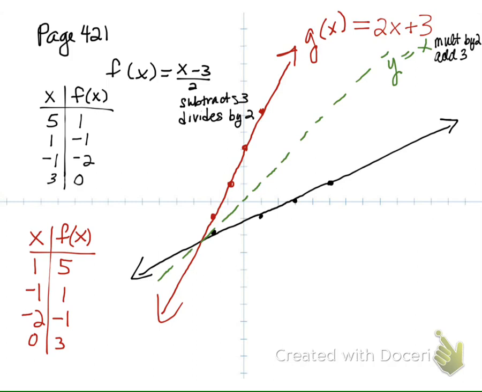Then the f function subtracts 3, and the last thing in g is add 3. So if we had 15 steps of the f function, we could write the inverse function by starting at the end and writing the inverse operations in the reverse order. Okay, so that's how that works as well.